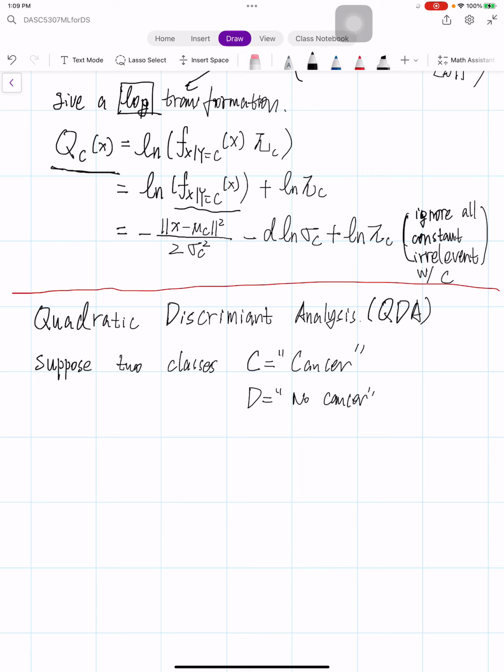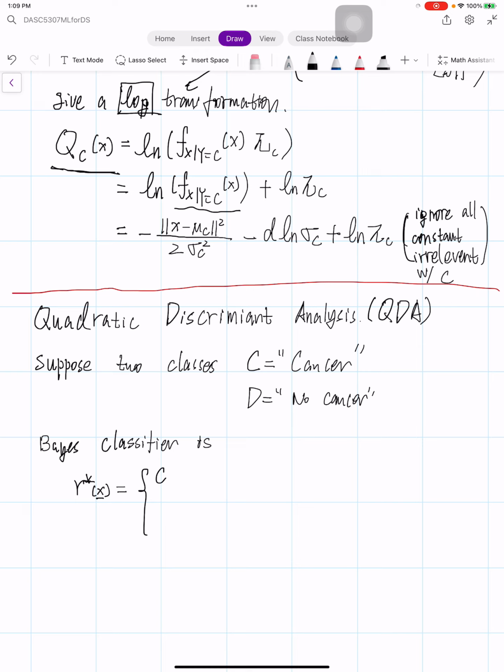Okay, and the Bayes classifier is R star of X equals C. We predict the class based on the feature X value.